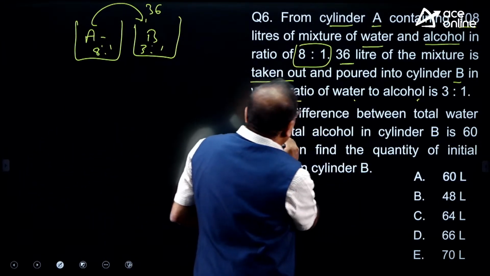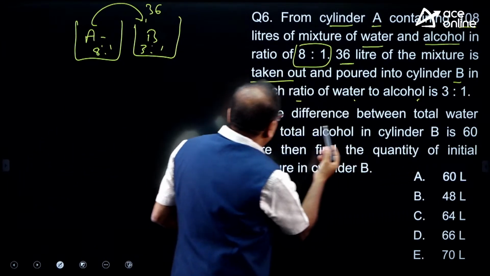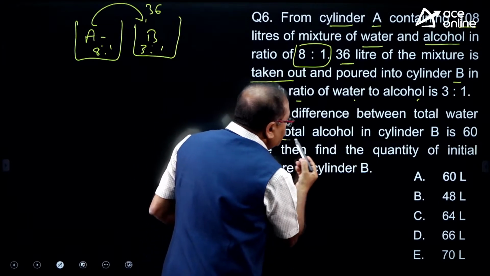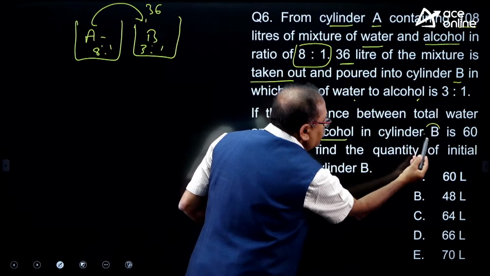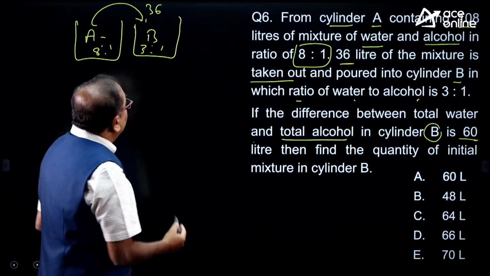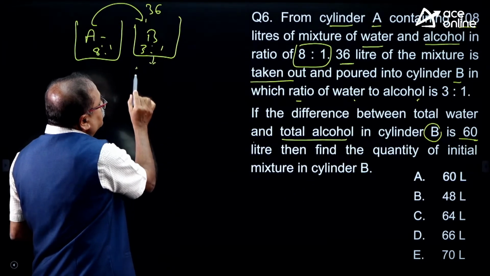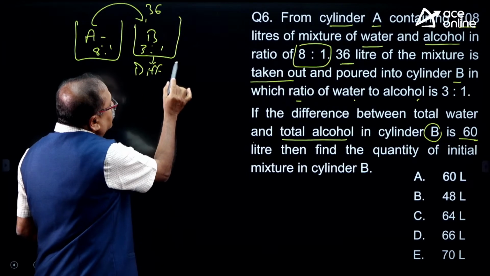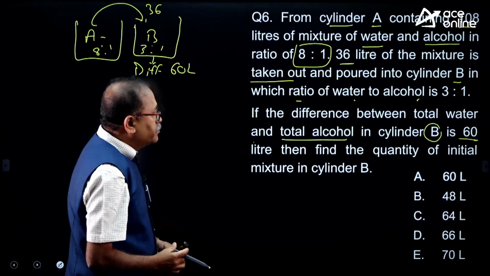Next, the difference between the total water and total alcohol in cylinder B is 60 liters. So the difference, 60 liters, is given to us.